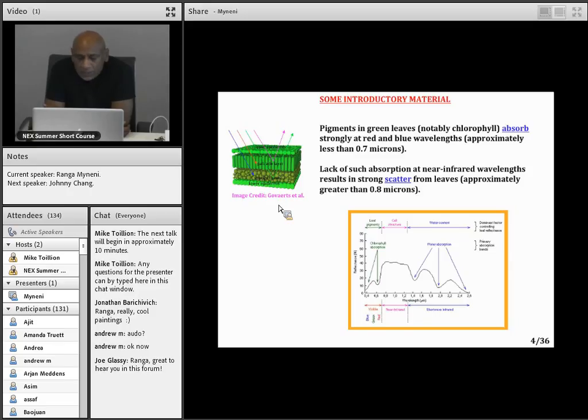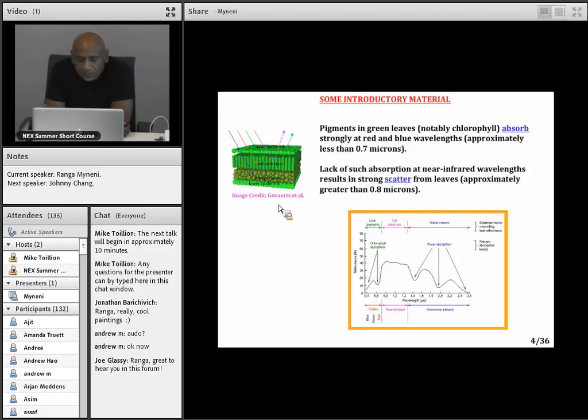So this large jump that you see in the spectrum in the graph, where the x-axis is wavelength and the y-axis is reflectance, you see considerable absorption at red wavelengths, that is at about 0.7 microns, and then pretty much by the time you hit 0.8 microns, there is no absorption and there is significant reflectance.